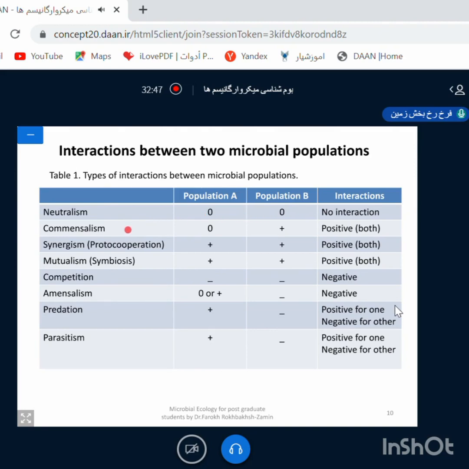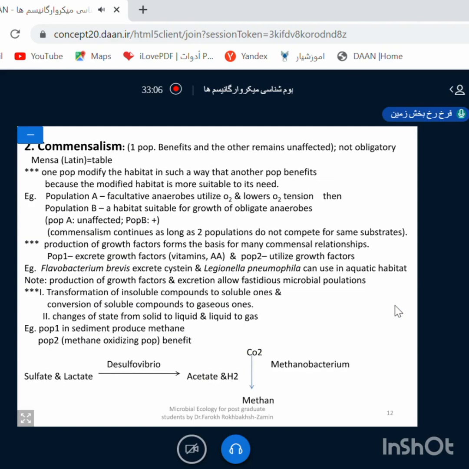Now we are going to commensalism. One population 0, no difference, but the other population gets a positive interaction, a benefit from the interaction. What is that?